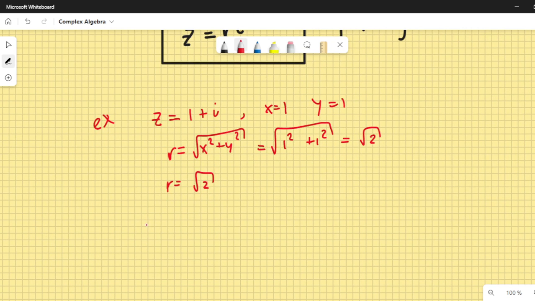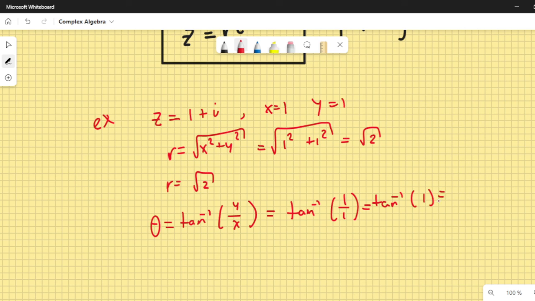For example, the argument will be the inverse tangent of y over x, right? In this case it is the inverse tangent of 1 over 1, which is 1, the inverse tangent of 1, which in sexagesimal is 45 degrees.